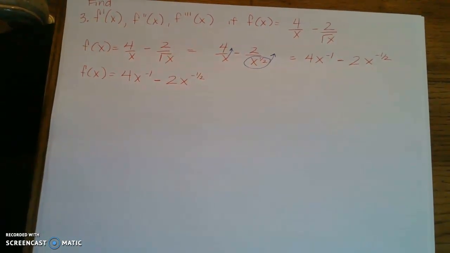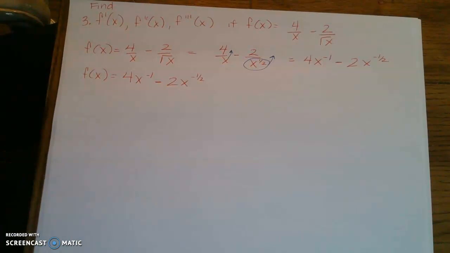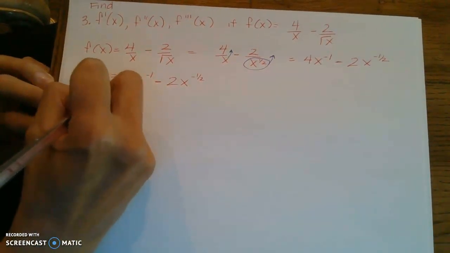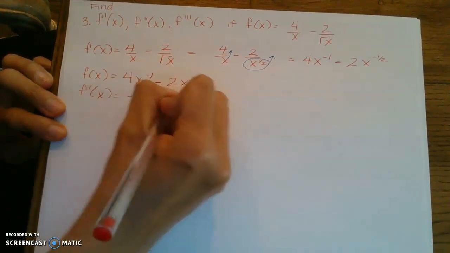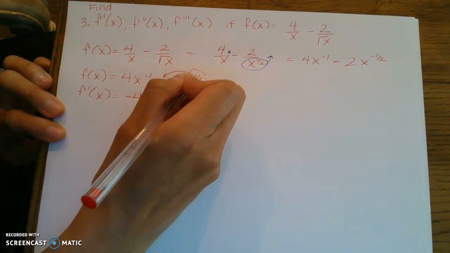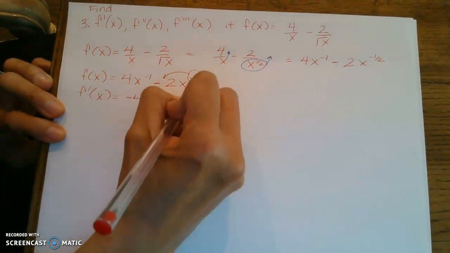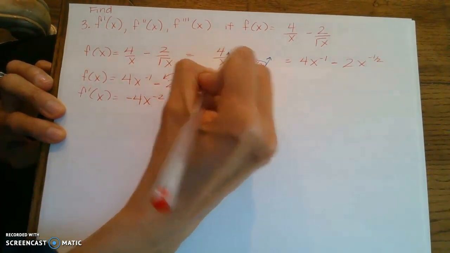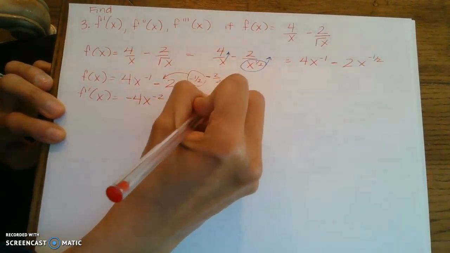So now you want to go ahead and take the derivative of this. So when I do that, it's f prime of x is equal to negative 4x to the negative 2. Be careful of those signs. 1/2 times 2 is just 1, and a negative times a negative becomes a positive 1x, and you're bringing this down by a whole, so then this is negative 3/2.